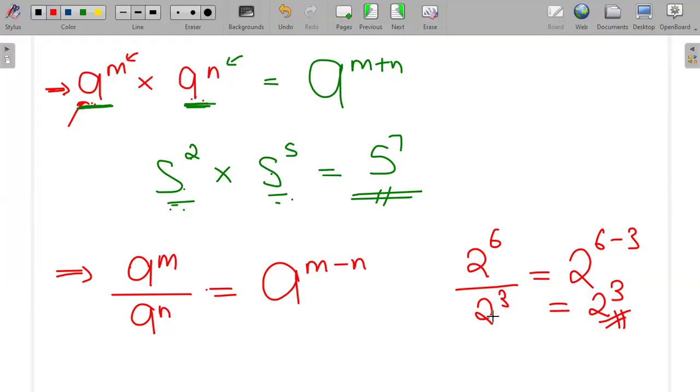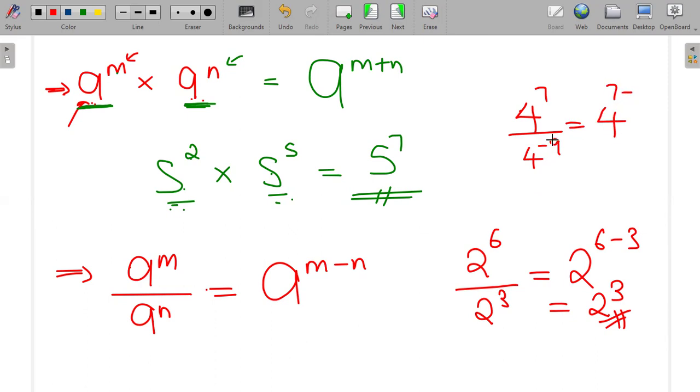And then there's a common question that actually confuses students. If I have a negative in the denominator, for example 4 to the power 7 divided by 4 to the power minus 9, the negative power usually confuses students, so make sure you take note of the negative. So this will be 4, 7 minus.